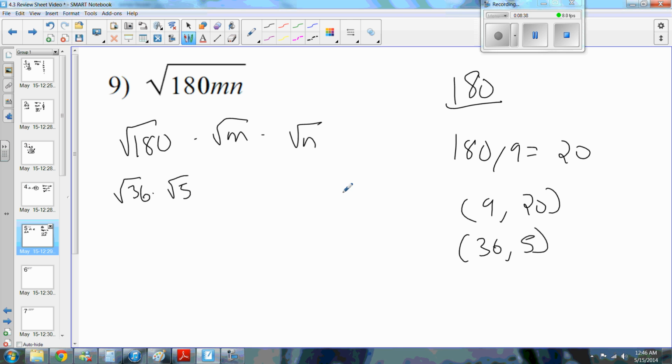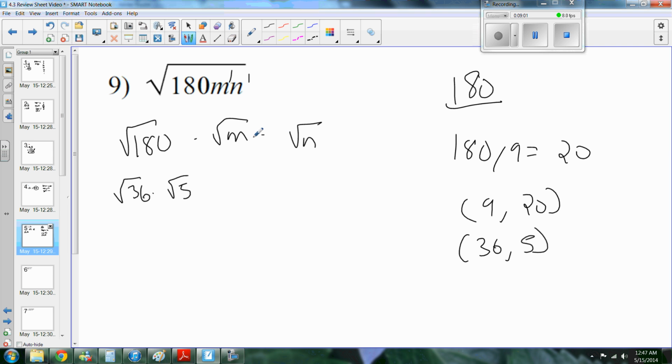Okay, now root m and root n. I emphasized this in class when we were going over this material, but if there is an exponent of 1, in that both m and n are raised to the first power in the radicand, there's no way to simplify this. We cannot take the square root and break apart m or n if it's just the exponent of 1. So for that reason, root m and root n are fully simplified.